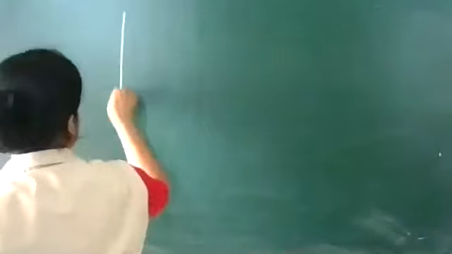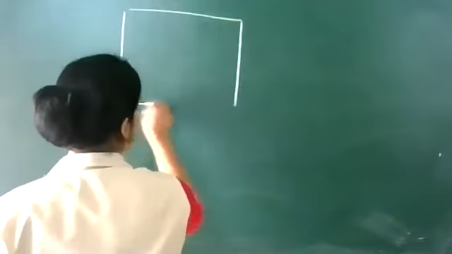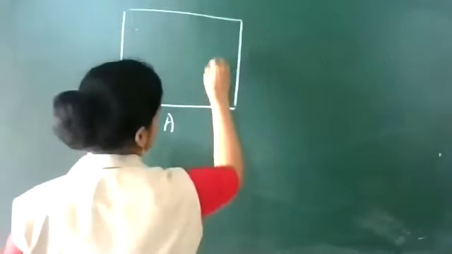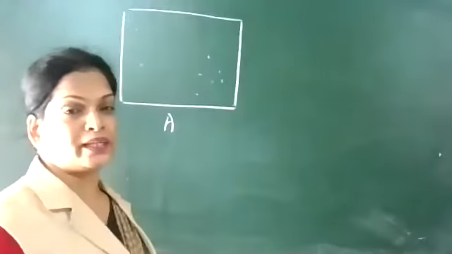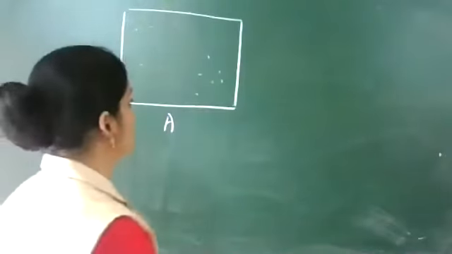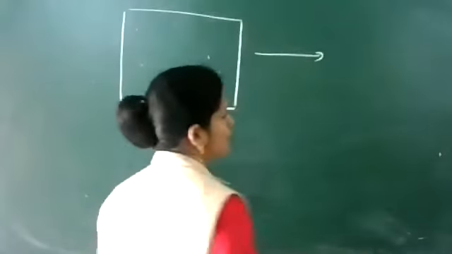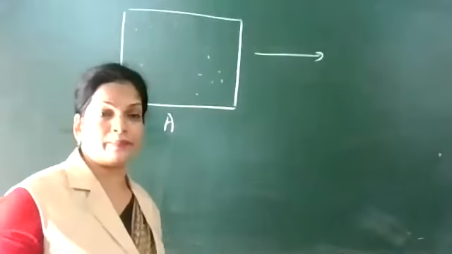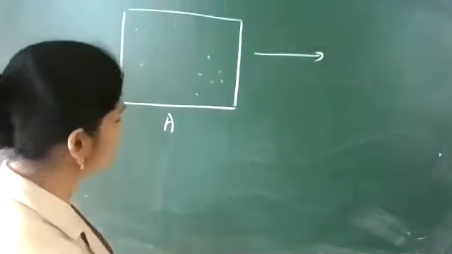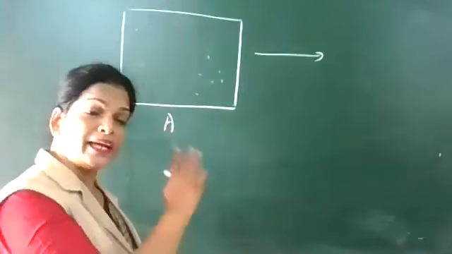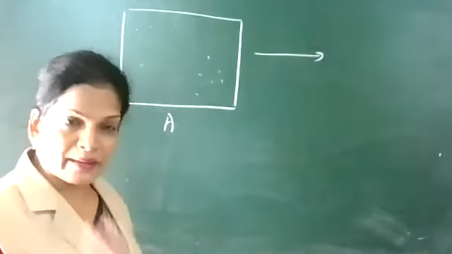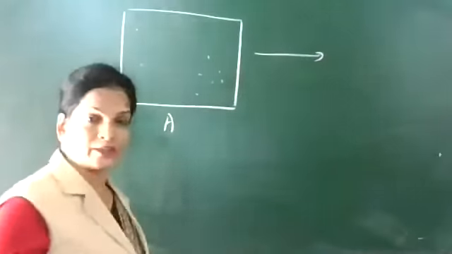Yes, I am taking gas in the cylinder. Suppose I have taken this gas A in this. Suppose this A is undergoing decomposition. Decomposition will form products, for example, B and C. Now see that B and C are produced inside this only. If there is remaining A, that is also present in this only.